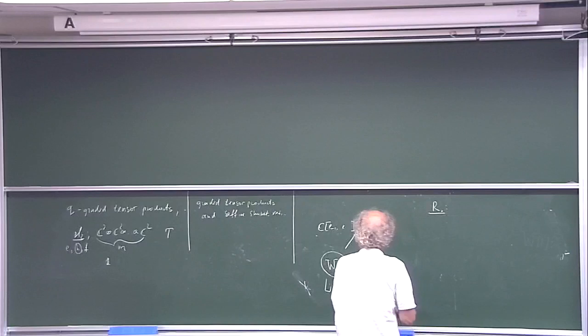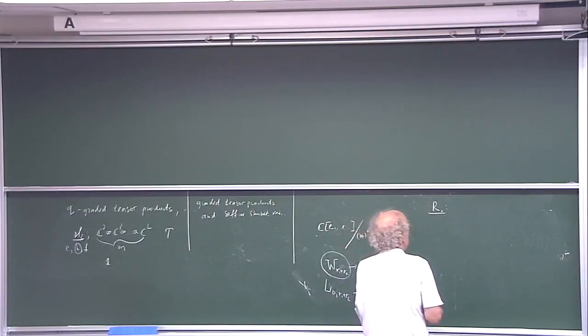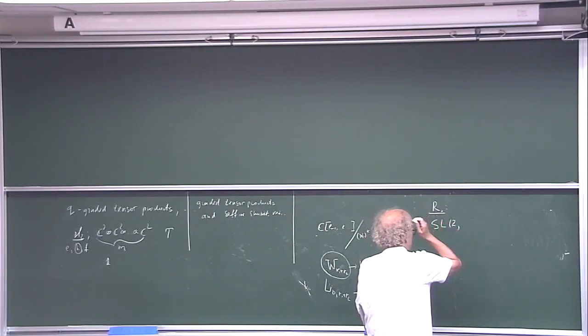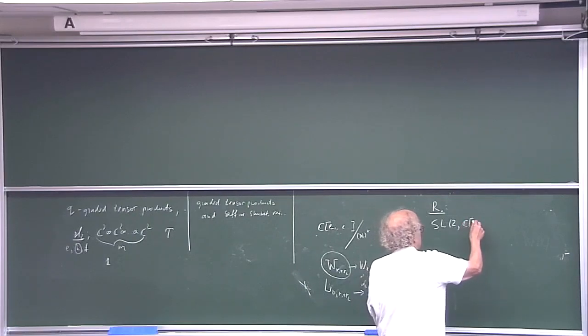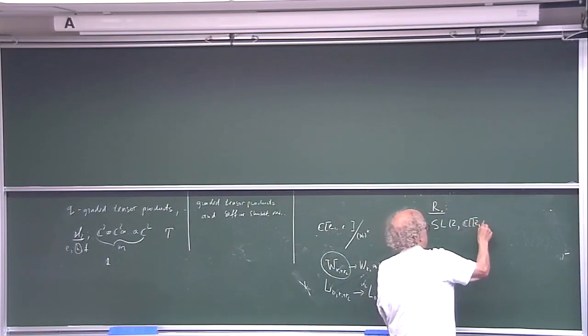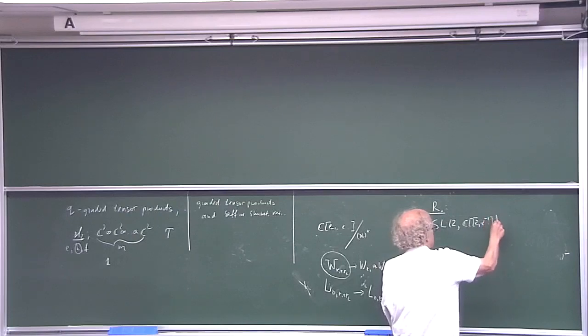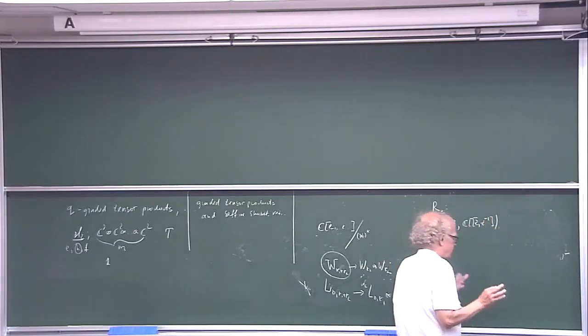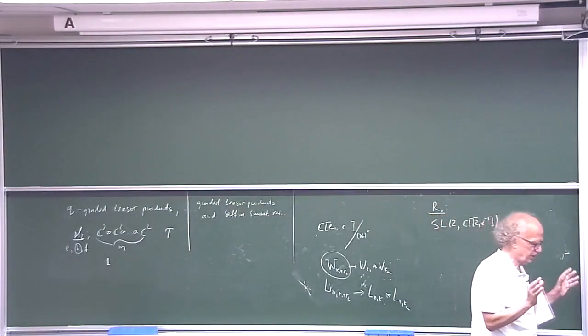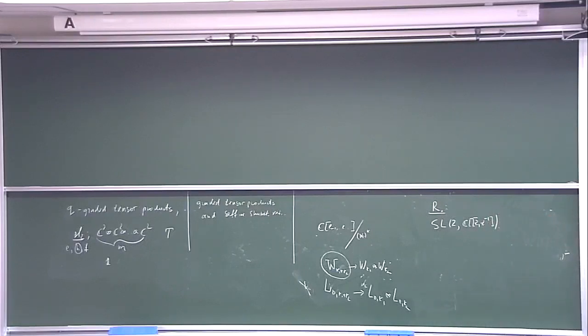So if you are talking about the affine Grassmannian, first you have a group SL2, and here I can take the inverse. So these are just 2 by 2 matrices, and the coefficients are elements from this field.